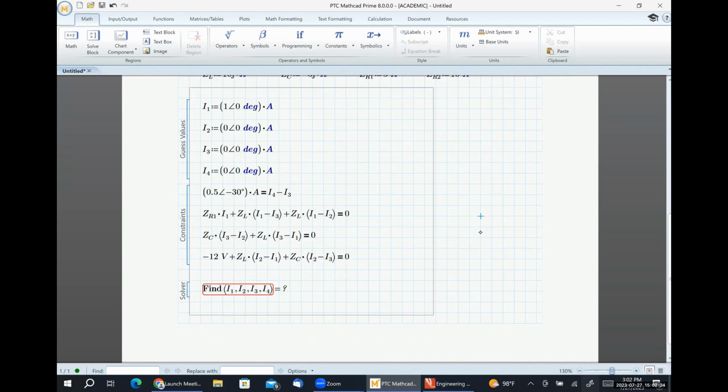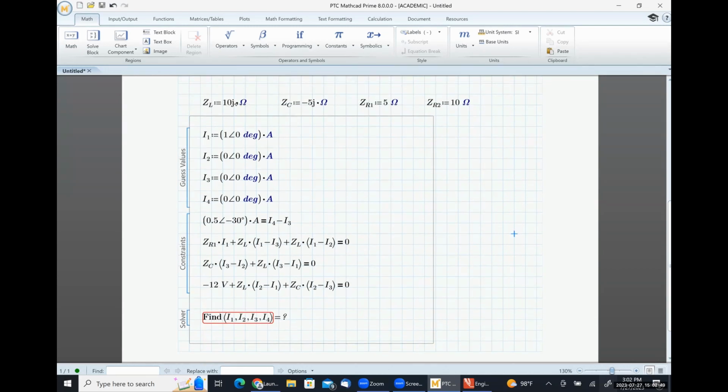Let me get my keyboard out here. There's no problem finding a solution if we change one of those imaginary impedances.